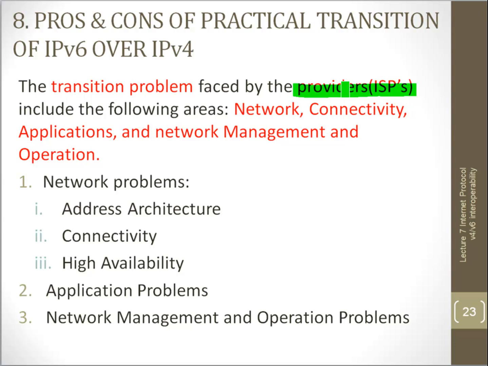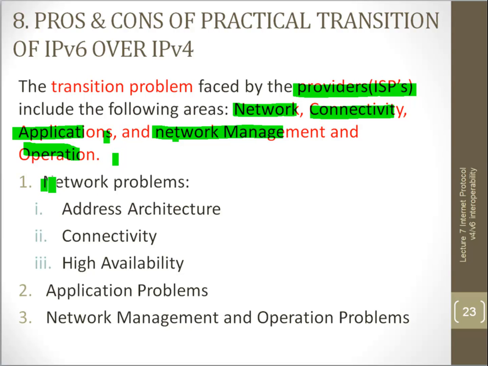Based on that, the transition problems faced by the ISPs include the following areas: network, connectivity, applications, network management and operations. In all these areas your service provider is facing problems.